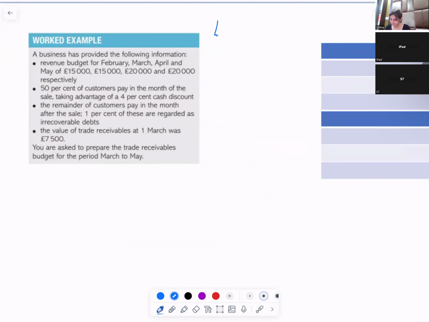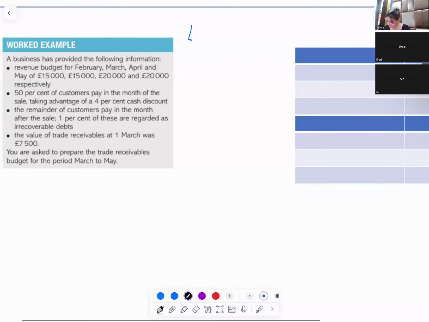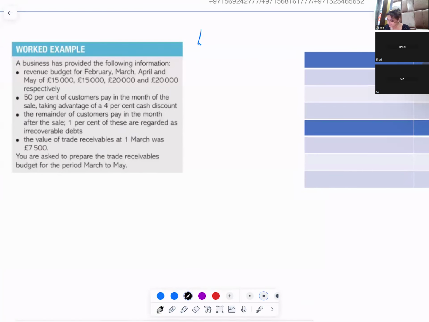So they asked to prepare the trade receivable budget from March to May. They have given us the balance brought down for March, which would be 7,500, the trade receivables.